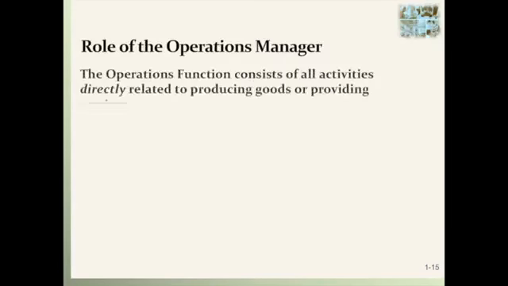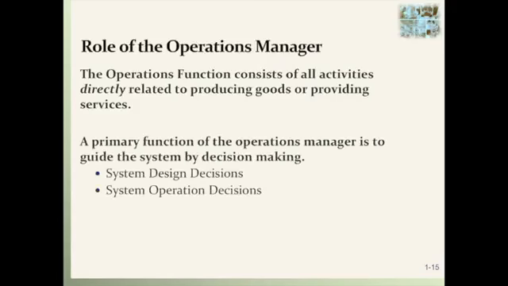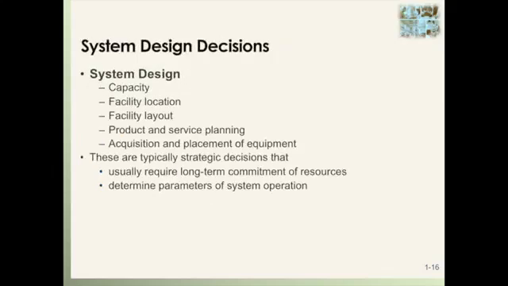So the roles of the operations manager. The operations functions consist of all activities directly related to producing goods or providing services. The primary function of the operations manager is to guide the system by decision making. So there's two kinds of decisions. There's system design decisions and system operation decisions.